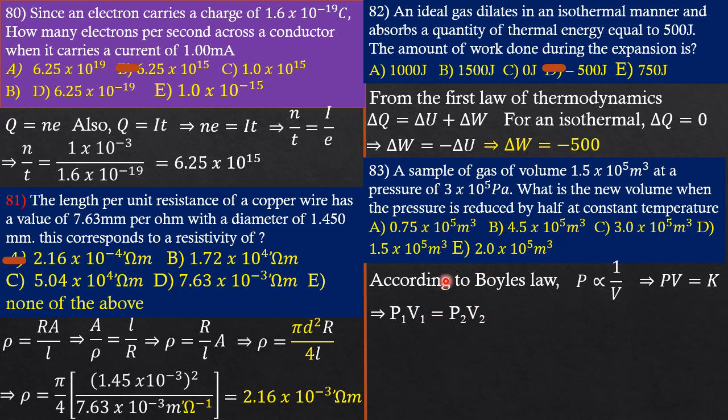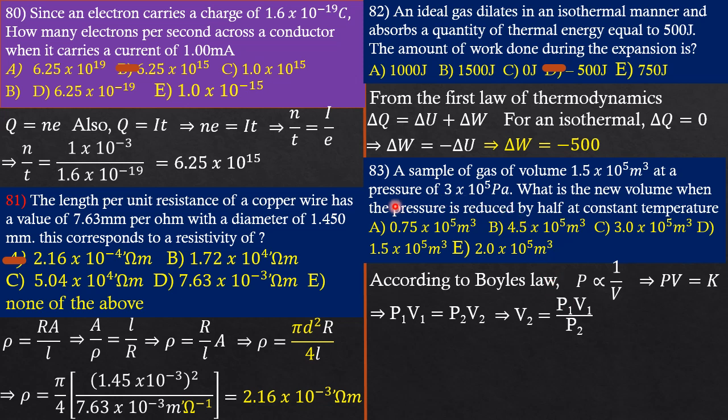But what the question tells us, guys, is that they want us to get a new volume when the pressure is reduced by 1/2, right? It therefore means that we need to solve for V2 in this case. If we make V2 the subject, we are going to have V2 equal to P1 V1 over P2.